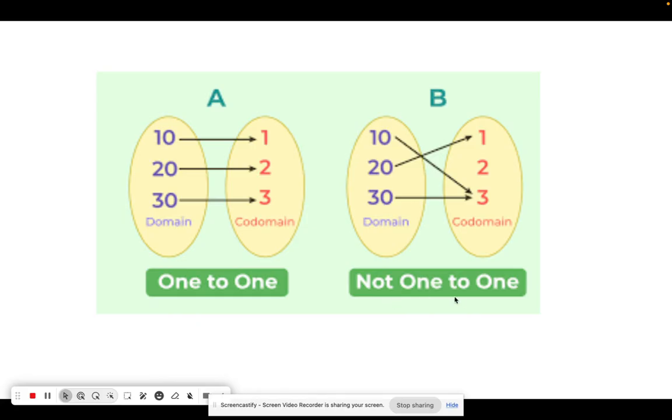This is why we call it not a one-to-one function. How can I tell if it's one-to-one? Every input should have only one output, and every output should have only one input.